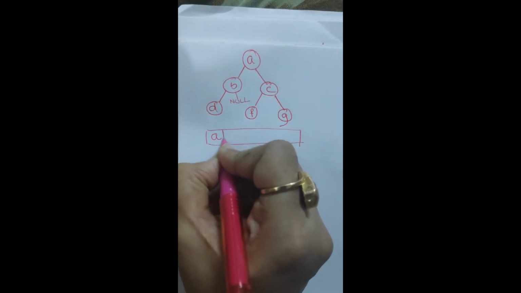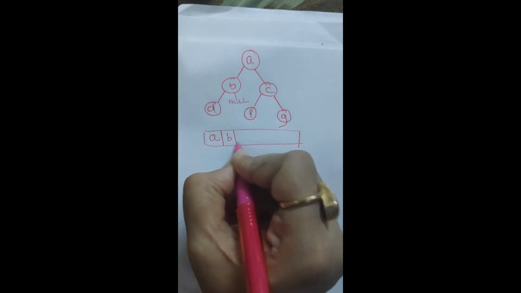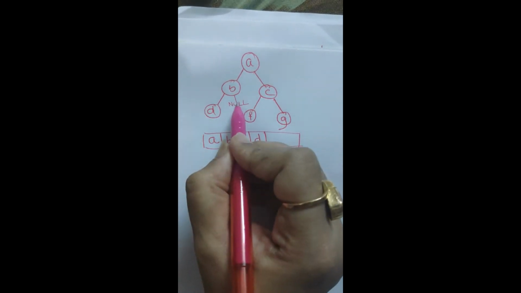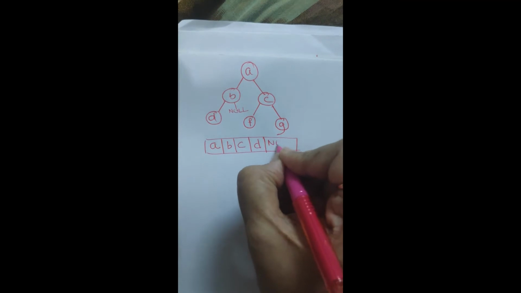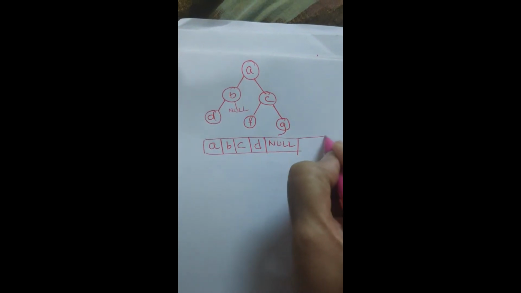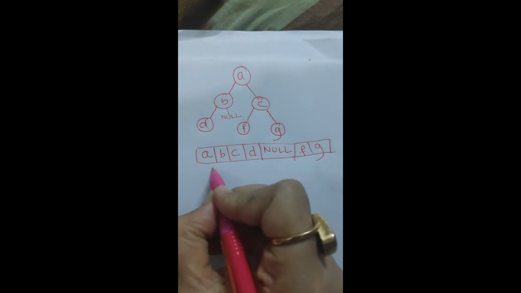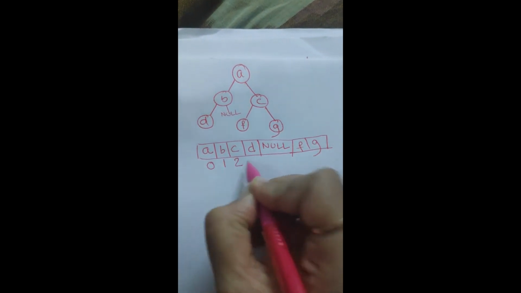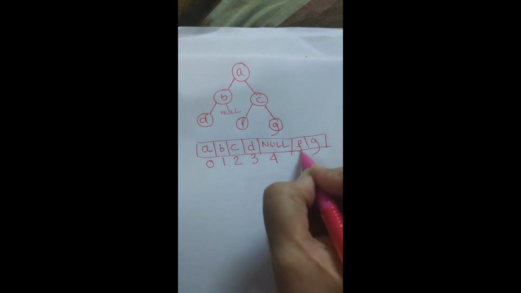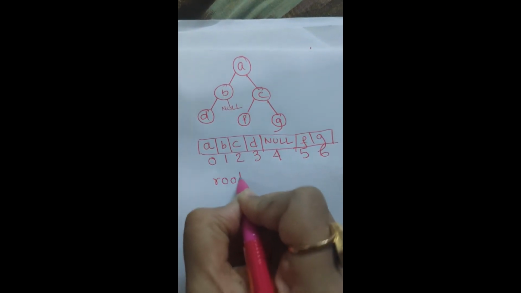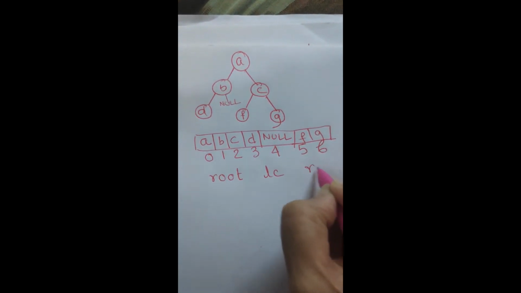Obviously the first index will have the root, then B, then C, then D, then over here it is a null, so you have to put this null over here, and then F and G. Now this is index number 0, 1, 2, 3, 4, 5, 6. Now this is the root, this is the left child, this is the right child.